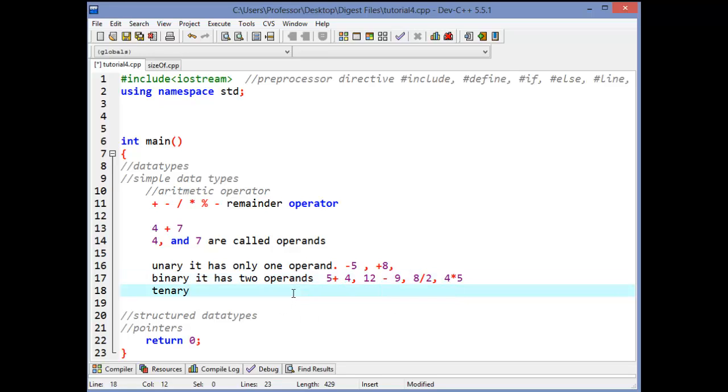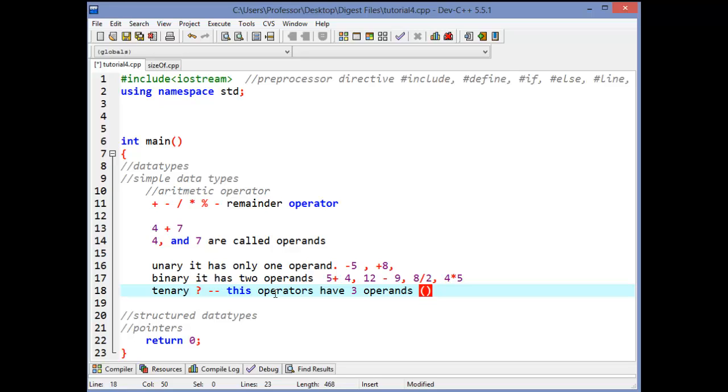Then we have ternary operators, and a typical example is the question mark sign. Now this is how to use it. These operators have three operands. So any operator that operates on three operands at a time is called what? A ternary operator.